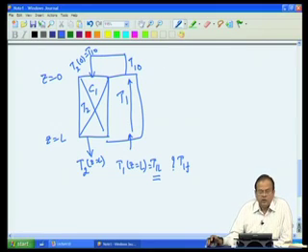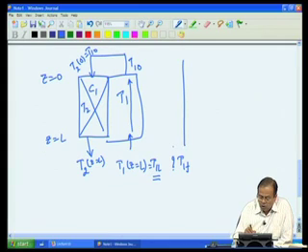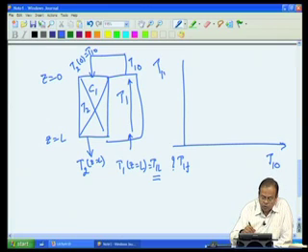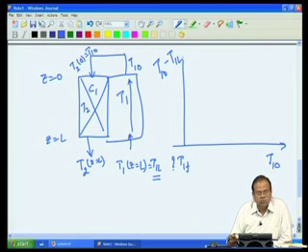So, now let us qualitatively try to see what behavior I will get if I try to solve these equations. So, on the x axis let us put T10 and on the y axis let us put T10 minus T1L, and let us try to look at qualitatively what these solutions will be like.